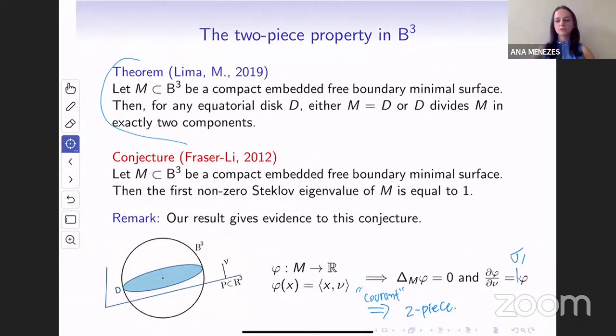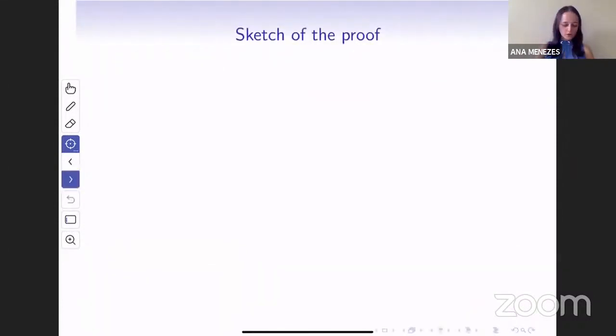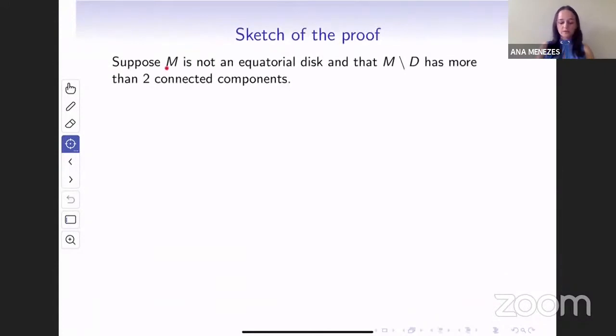Okay, so we can start the proof by assuming that M is not an equatorial disk, and we suppose by contradiction that the disk divides M in more than two components. So the proof is by contradiction.